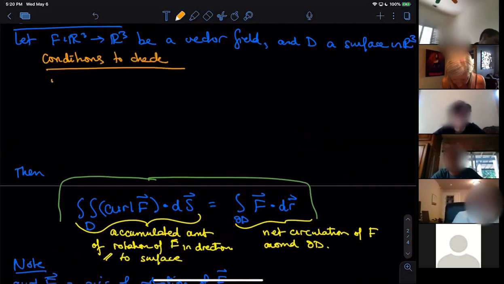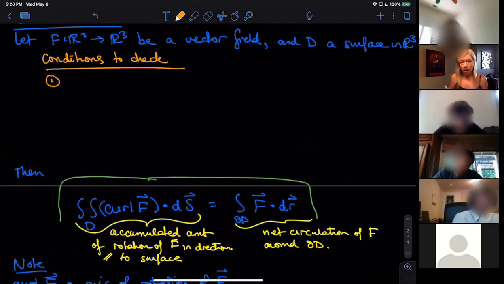So the conditions to check, first of all, this is going to seem obvious, but since I've seen students struggle with this, I'm just going to call it out. It'll seem obvious when I call it out, but if I don't call it out, it might not be obvious to you. So this only works for a 3D vector field. So we need a 3D vector field.